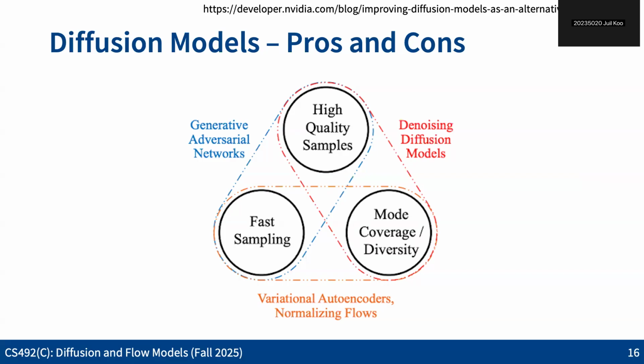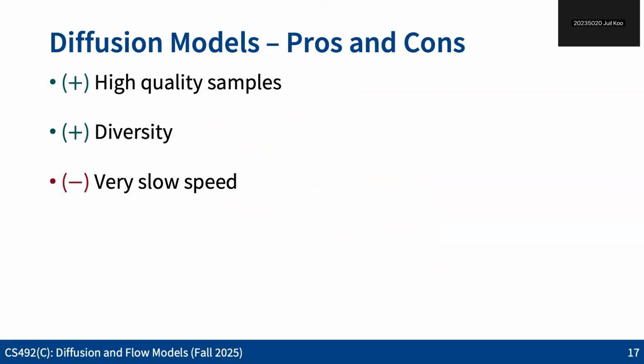The problem is that it typically has a mode collapse issue, losing some of the diversity, right? For the VAE, the problem was that it's fast and also making diverse outputs, but in terms of quality, the quality is really not good, right? That was the problem. So that is why we started discussing the diffusion model, which is good in terms of making high quality samples with diversity. The problem was in the speed, right?